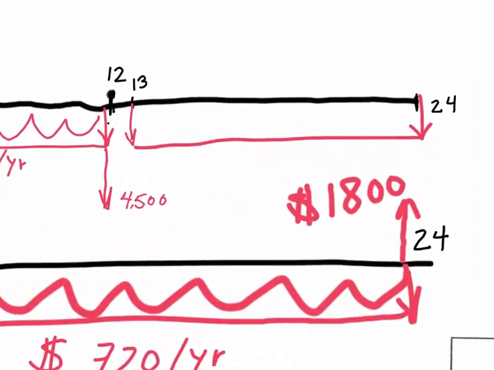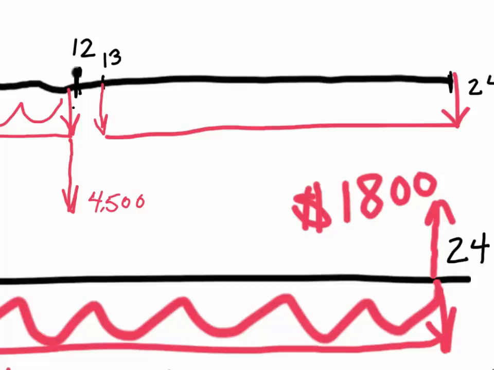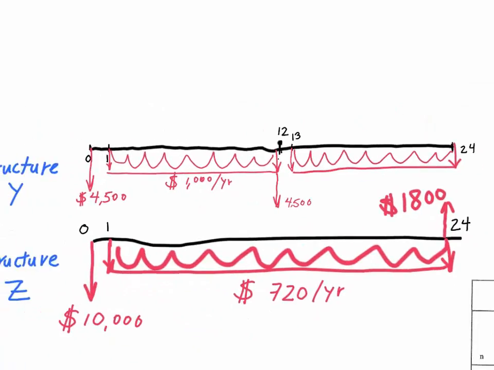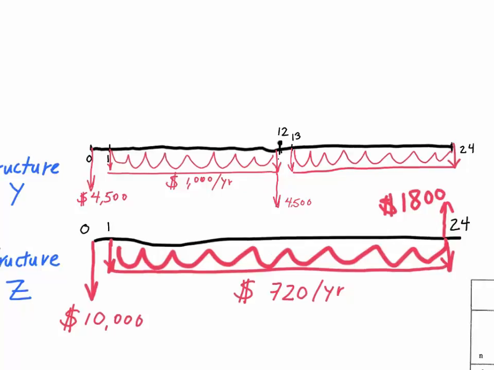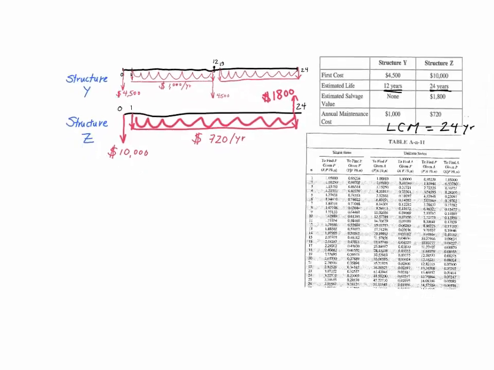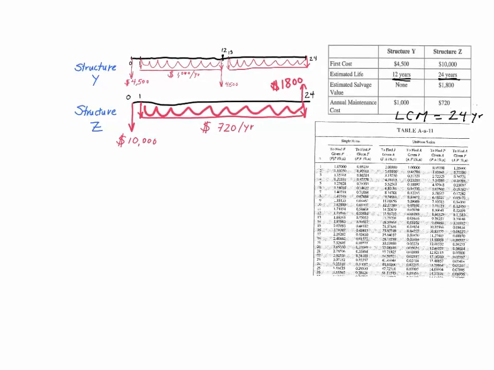Let me draw that again. The second cycle here is similar to the first cycle, just like copying that one and pasting it here. So that's how the cash flows look like, and we figured out the least common multiple is 24.